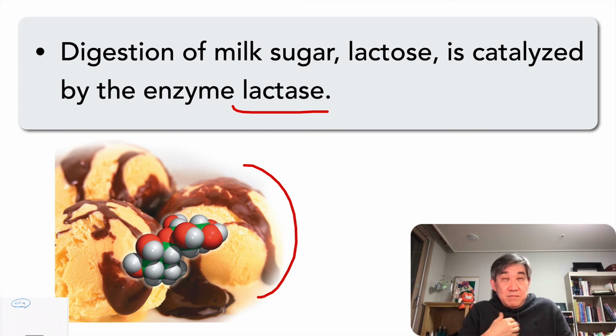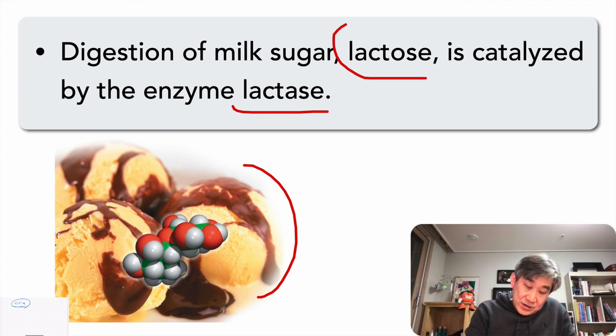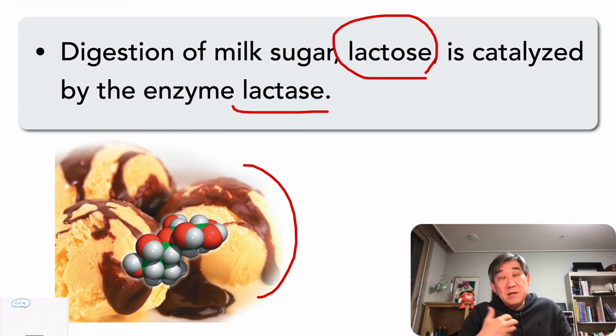I'm serious. And this lactase is the one that breaks down a specific type of sugar, lactose, present in the milk of mammals, like cow milk and human milk. All those contain lactose.